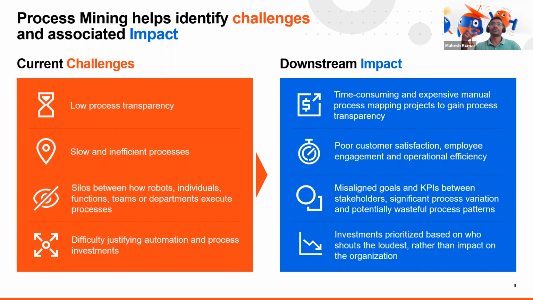Process mining generates a fresh graph, and then we can compare the older graph and the new graph. We have that option available in process mining. After comparing the graphs, we can see what we have achieved from the automation, and then we can map whether that aligns with our business goals.